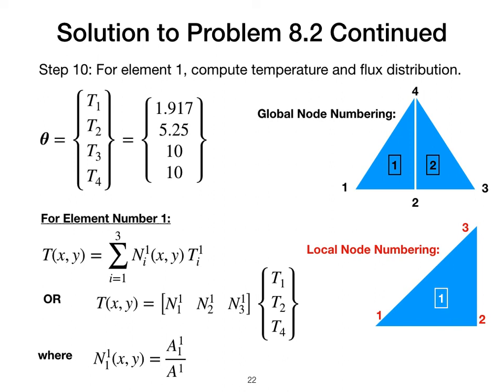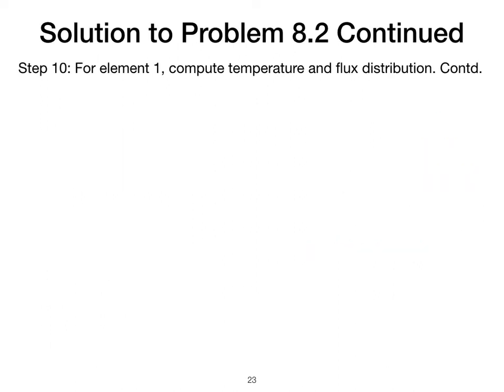And we know that the first shape function is equal to area A1 divided by A. The second is equal to A2 divided by A for this element, and third is A3 divided by A for this element. We know that the area of this element is 3.